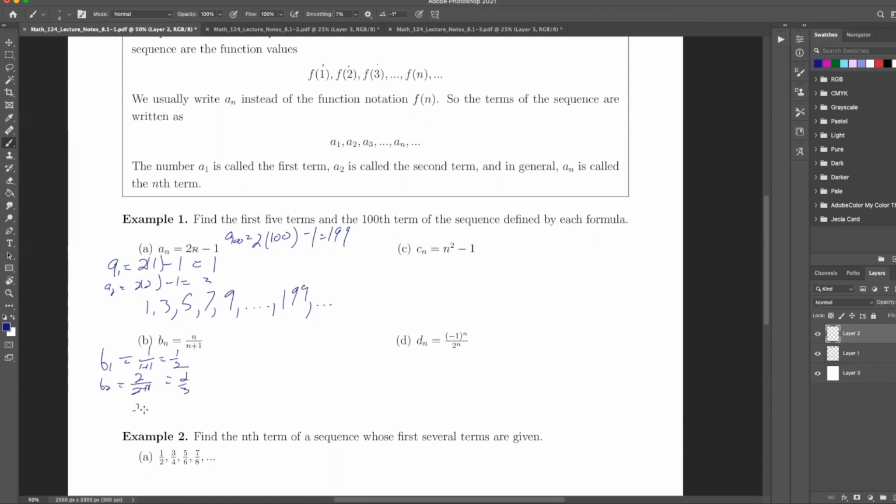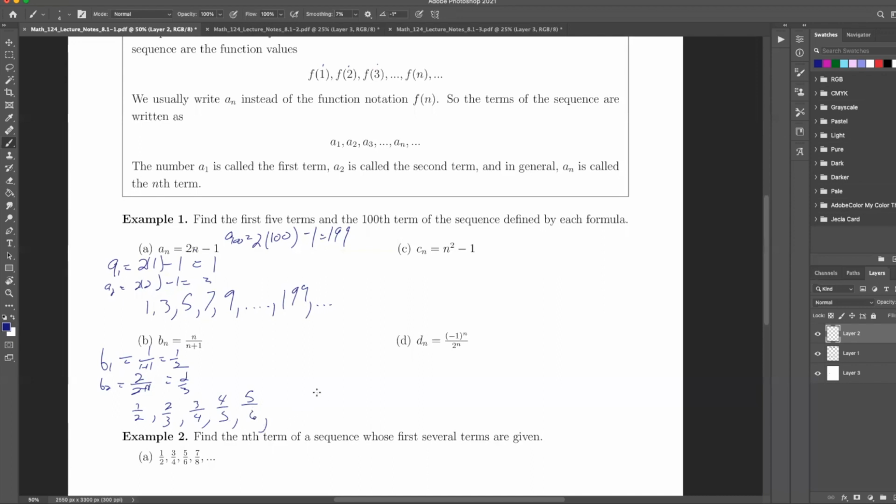And so the sequence is a half, 2/3, 3/4, 4/5. So what's the 5th term? What would be the next term in the sequence? Yeah, 5/6.